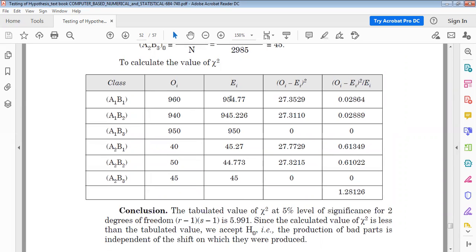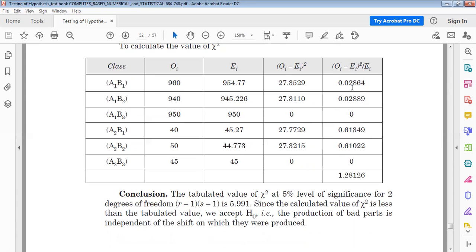That means 960 minus 954.77, whole square, divided by Ei, this value. This gives 0.something. Similar process for the rest, this minus this whole square, divided by this. Now this minus this is 0, and 0 divided by this is 0. Similarly, we get the whole sum.